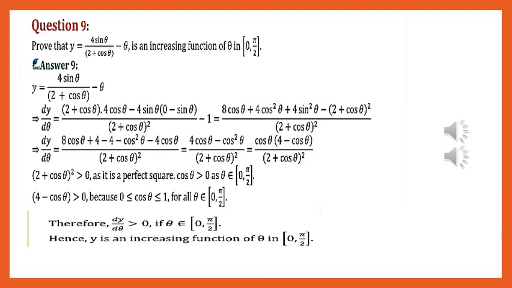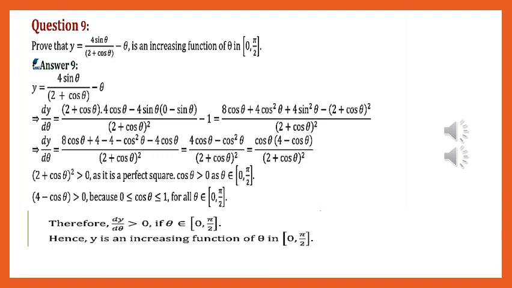First, the interval 0 to pi by 2 means in the first quadrant cos theta is always greater than 0 only. So 2 plus cos theta the whole square is greater than 0. Now 4 minus cos theta. As I said, least value is minus 1 and greatest value is positive 1.